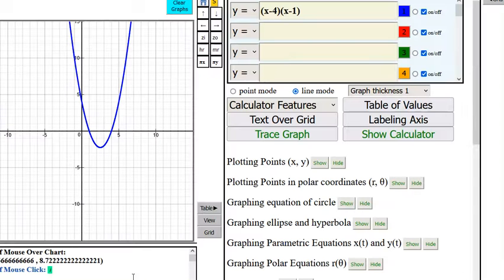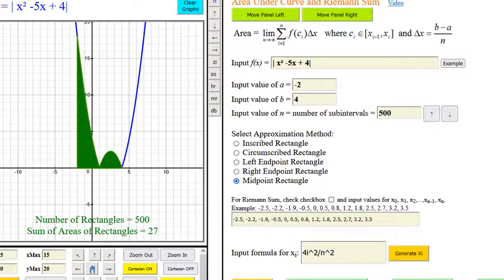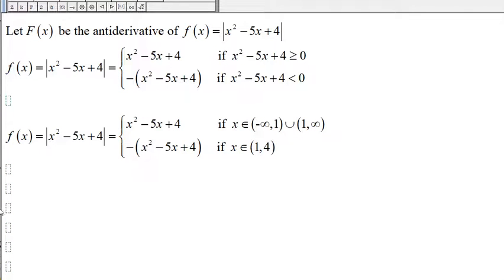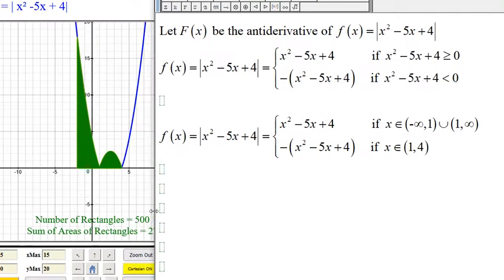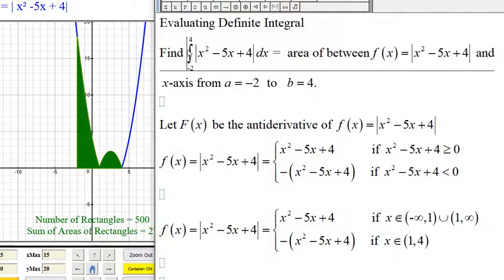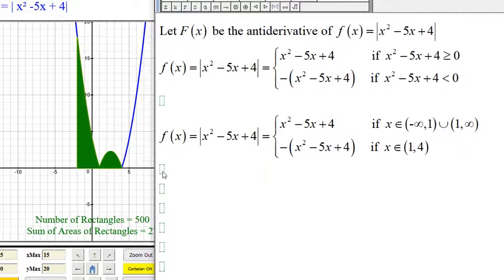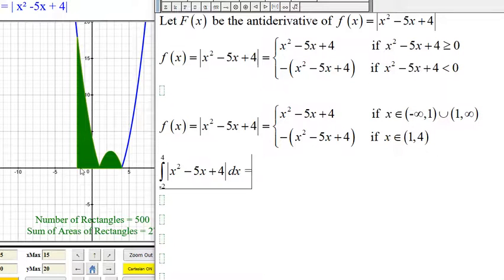And then now we can set up the integrals. So it means that this integral will be from -2 to 1, and then we have to decide where is -2 to 1.